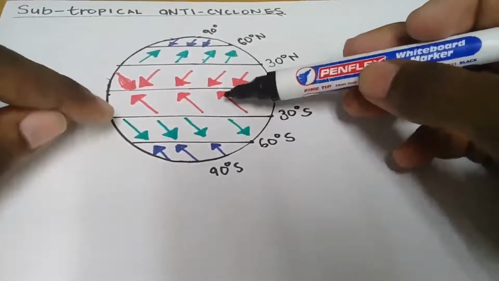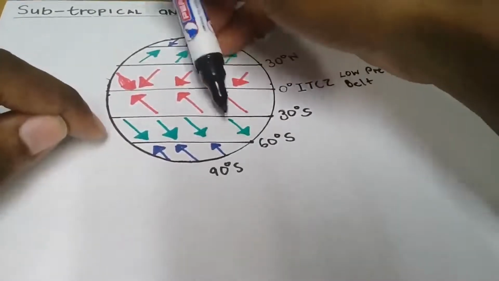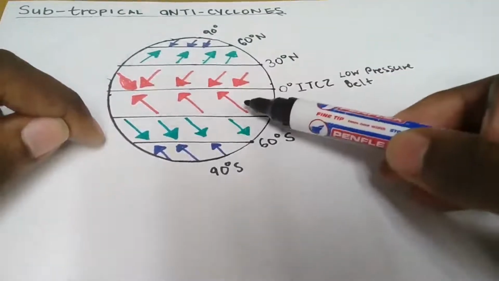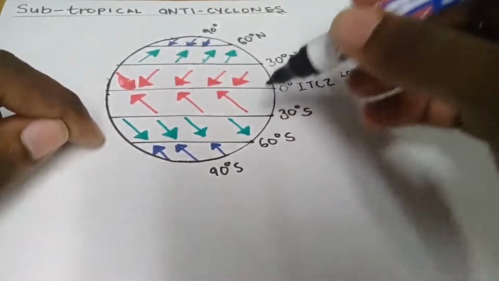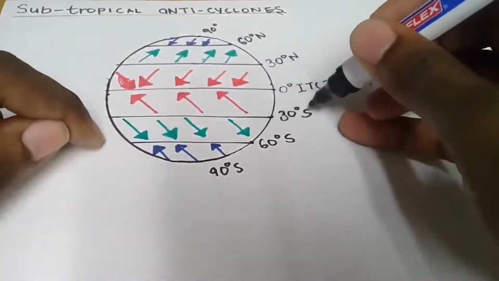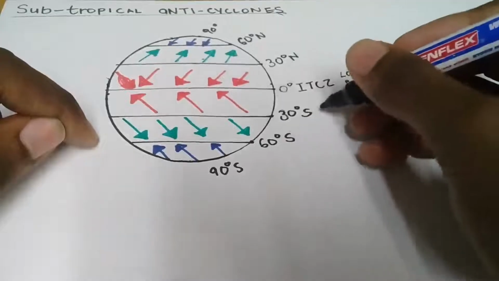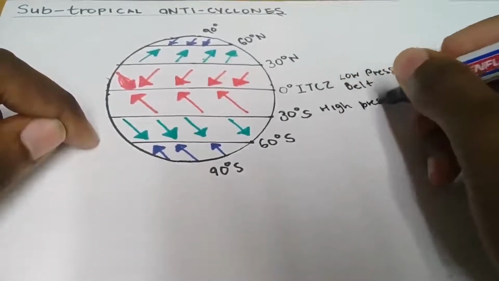The tropical easterlies are moving apart from the tropical westerlies, and the tropical westerlies are going down, causing high pressure at 30 degrees south of the equator. So this is a high pressure belt.